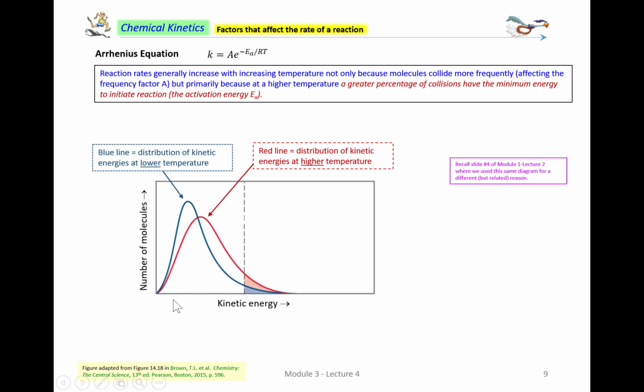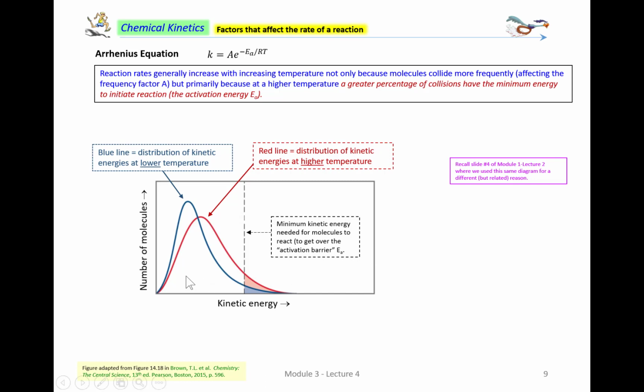The energy axis is more interesting here because what we can see is that this dashed line is what we consider to be the minimum kinetic energy needed for molecules to react. In other words, it's the activation energy to get over that activation barrier.